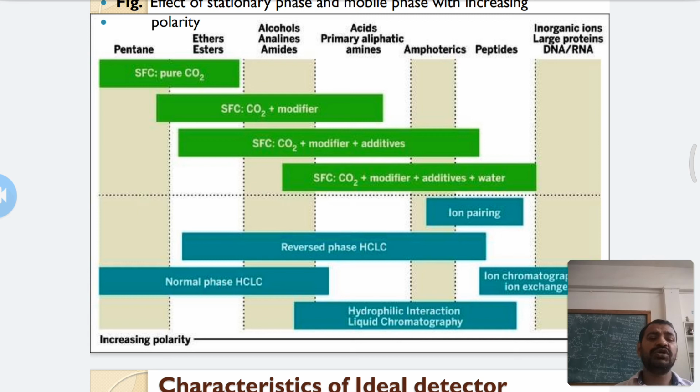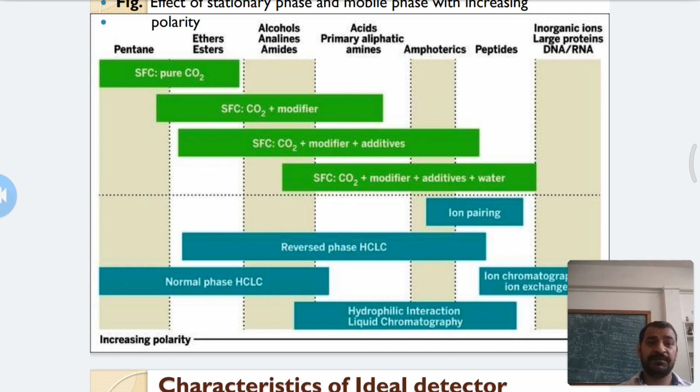What is the difference between supercritical fluid chromatography and HPLC? Supercritical fluid chromatography separates the same analytes as HPLC, but the diffusion rate and resolving power are different. The column pressure drop is also different.